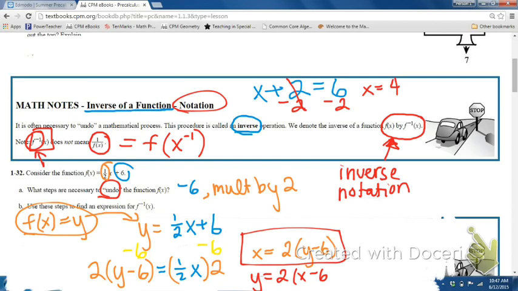So let me get rid of the y, sorry. I'm going to write that as f of x to the negative 1. So that shows me that this is my true inverse equation right here. All right, so make sure you write all of that down.